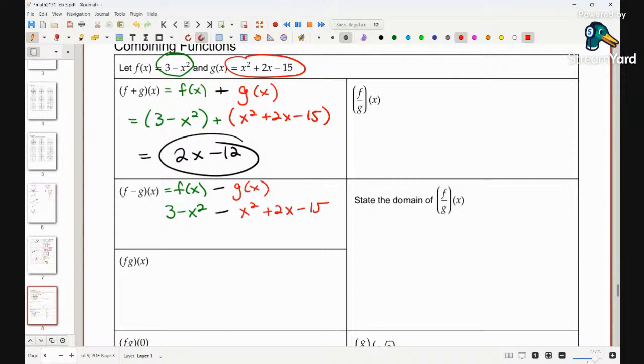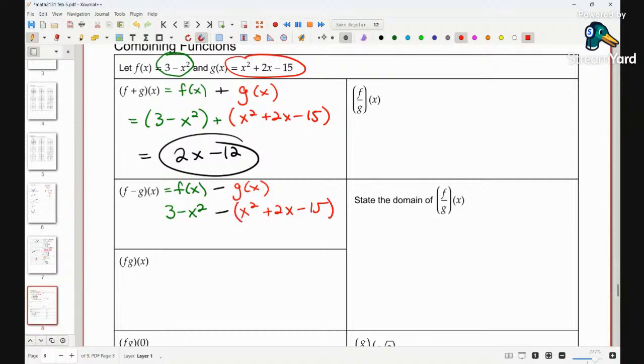your brain is going to think, okay, this is negative 2x squared plus 2x minus 12. Listen to what I just said, negative 2x squared plus 2x minus 12. Wrong.